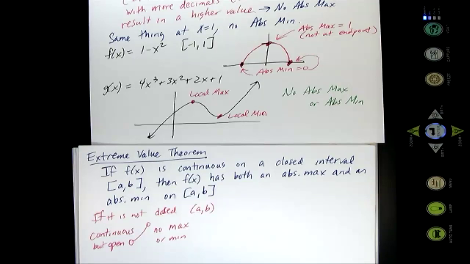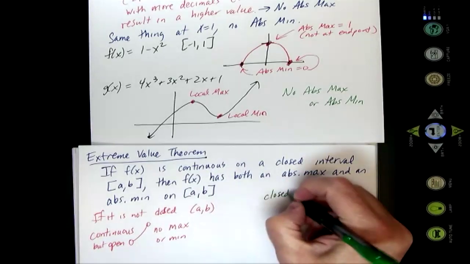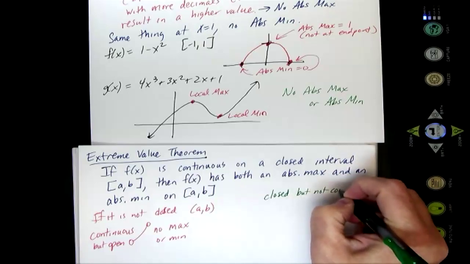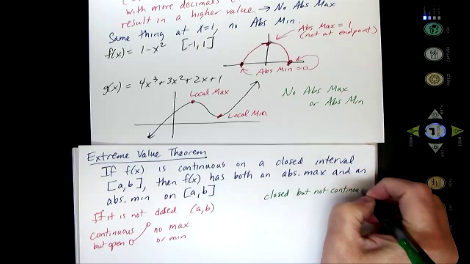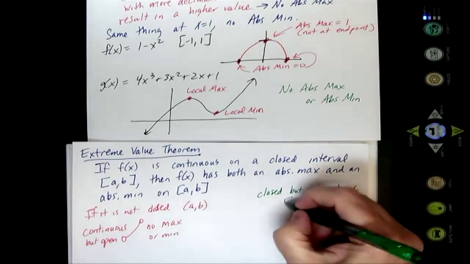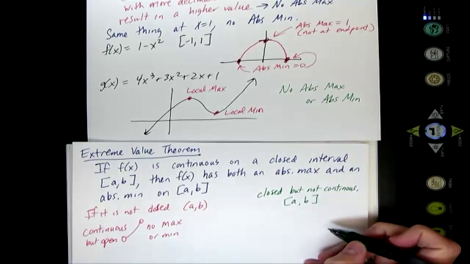The other scenario sounds weird: closed, but not continuous. Which means I have an endpoint on the left and an endpoint on the right, but it's not continuous, which means there's a discontinuity in the middle.